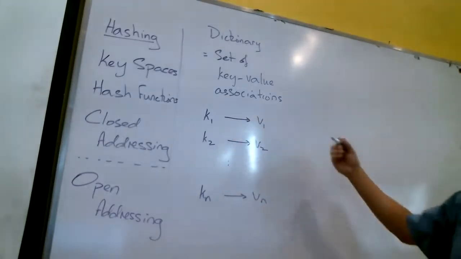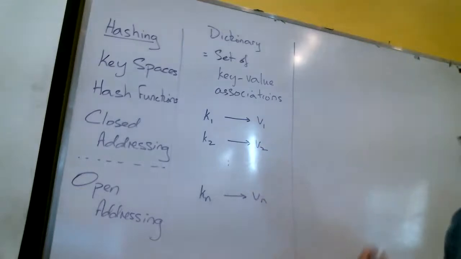So the idea is to try and use an array to back this. By an array, what I mean is a table that allows you order one time access to any address you want.